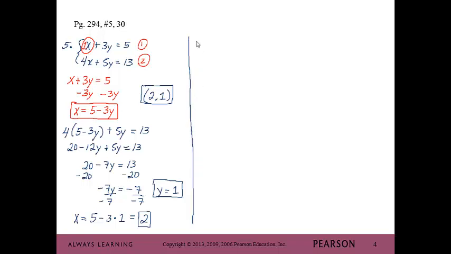Alright, let's look at number 30. So now we have the system x over 4 minus y over 4 equals -1, and x plus 4y equals -9.